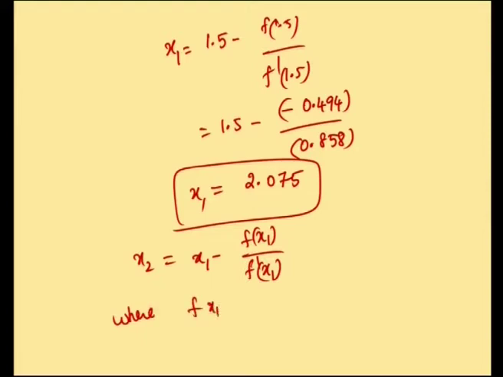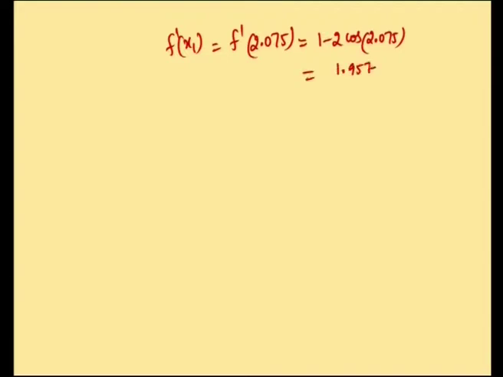where f of x 1 is equal to f of 2.075, which is 2.075 minus 2 times the sine of 2.075, and this is equal to 0.314, and f dash of x 1 is equal to f dash of 2.075, which is 1 minus 2 times cos of 2.075, which is equal to 1.957.